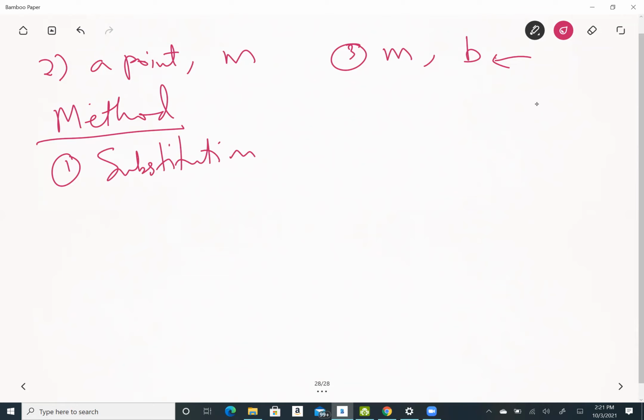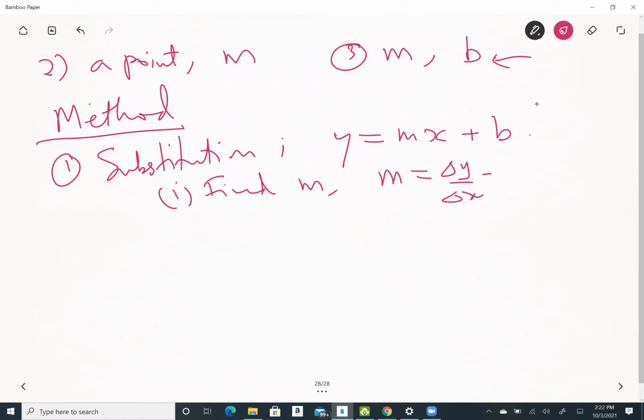Given the 2 points, say x1, y1, and x2, y2, we know the linear function is mx plus b. So what you do, number 1, we find the slope. The slope is equal to delta y over delta x, which is y2 minus y1 divided by x2 minus x1.